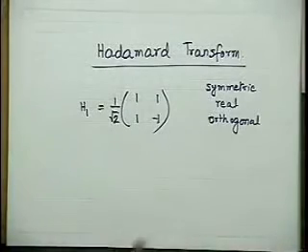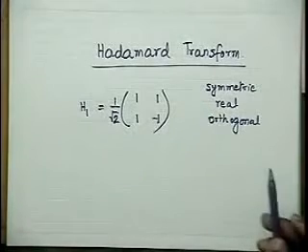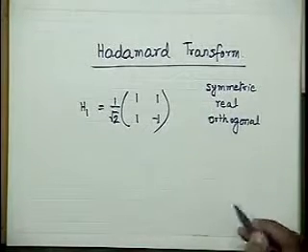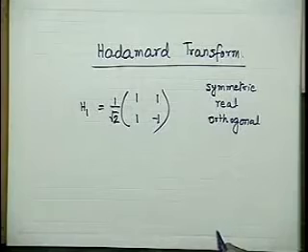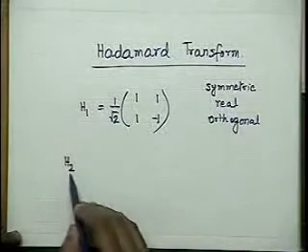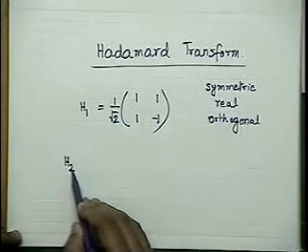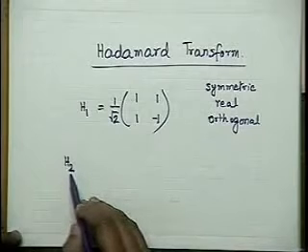I will tell you how. This is a 2 by 2 matrix. Now, if I want to compose a 4 by 4 Hadamard matrix, I will define the 4 by 4 Hadamard matrix as H2.